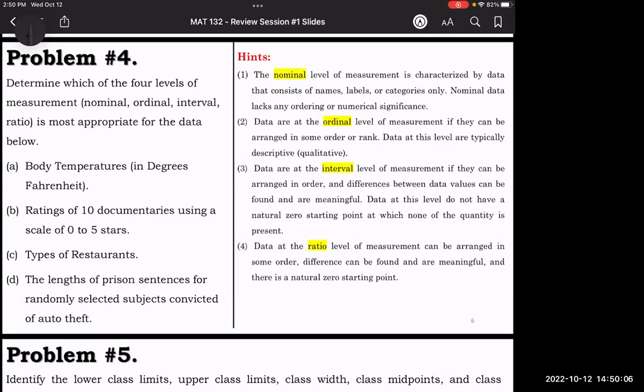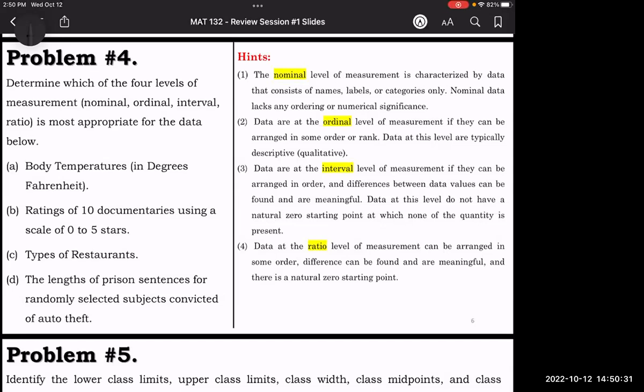When you look at cold versus hot, the colder temperatures are going to be the lower degrees in Fahrenheit, whereas the warmer or hotter temperatures are going to be the higher value in degrees. Okay, so ordinal could possibly make sense.